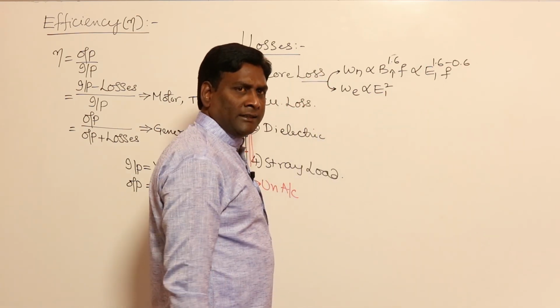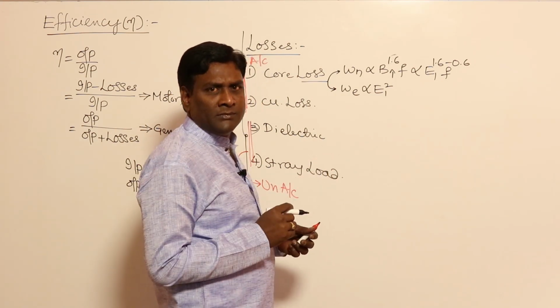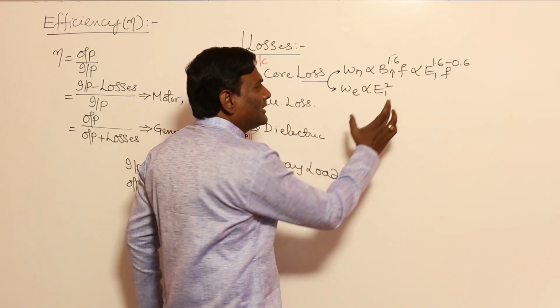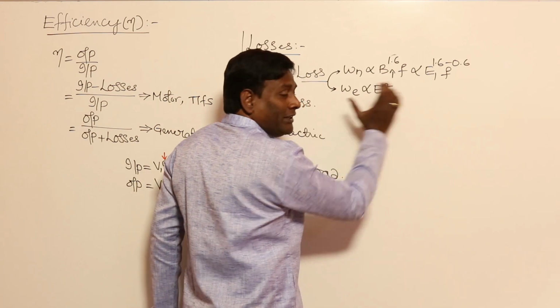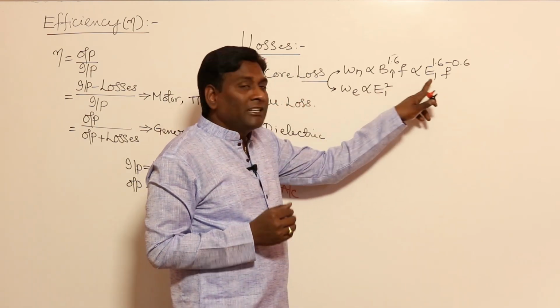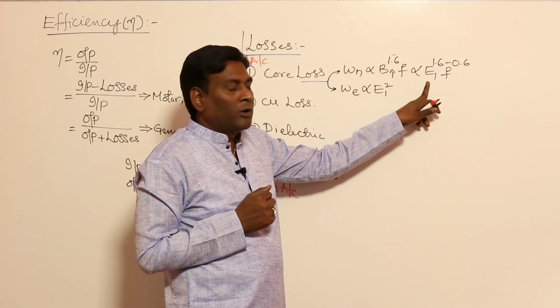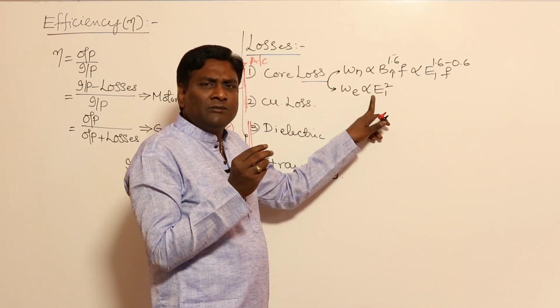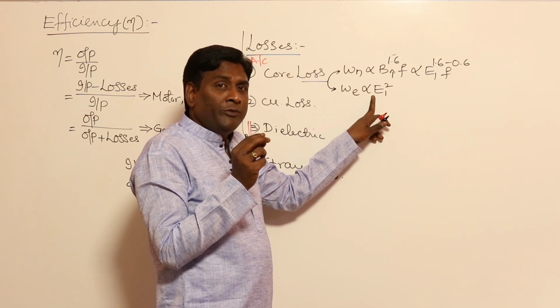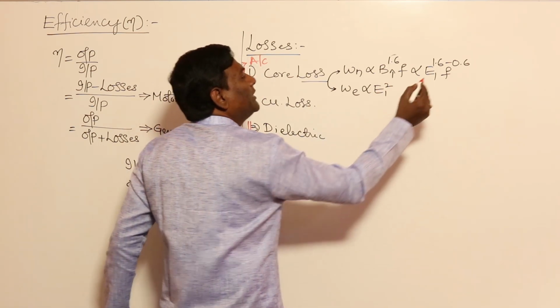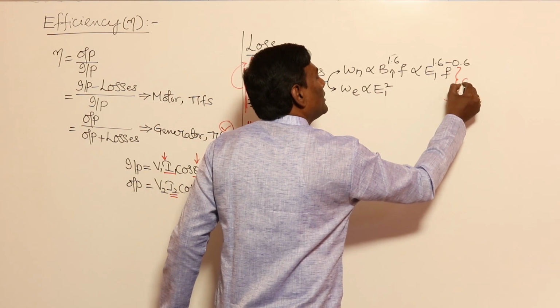In the previous session we discussed that, to be precise, E1 will vary. At lagging power factors E1 magnitude reduces, at leading power factors E1 magnitude increases. So slight variations will be there, but those variations are very slight. By neglecting those variations, I consider them as constant loss.